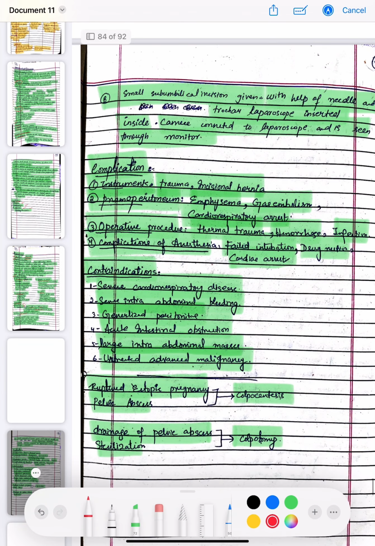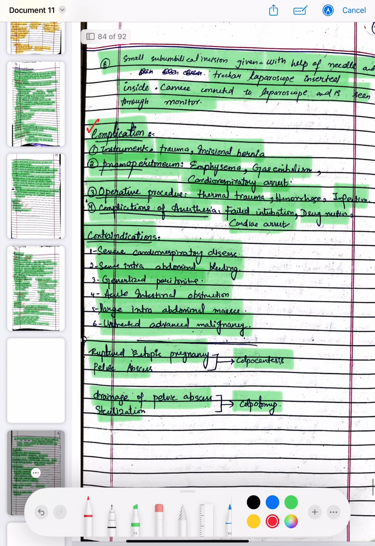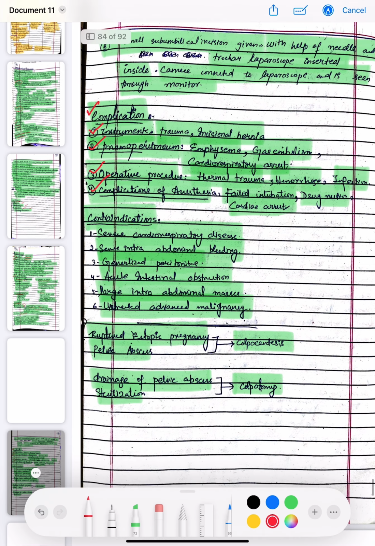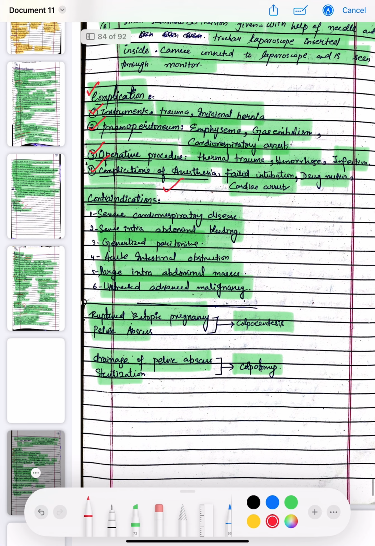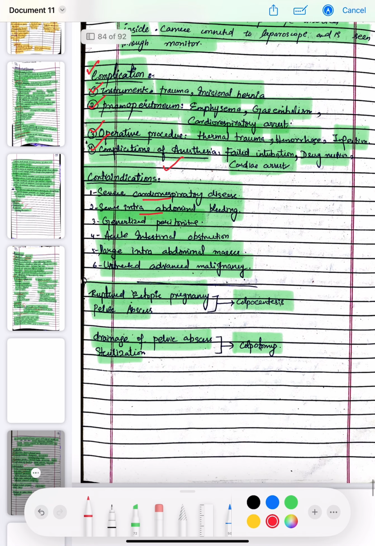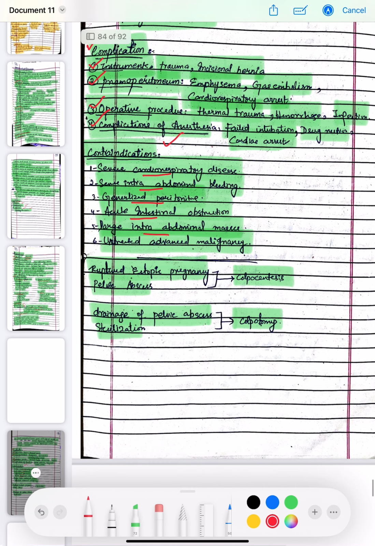Okay, now the complications of the laparoscopy are both instrumental and pneumoperitoneum and operative procedures, and the complications of anesthesia are also there. These are the contraindications. In these conditions, the laparoscopy should not be performed. These are severe cardiorespiratory diseases, severe intra-abdominal bleeding, generalized peritonitis, acute intestinal obstruction, large intra-abdominal masses, and untreated advanced malignancy.